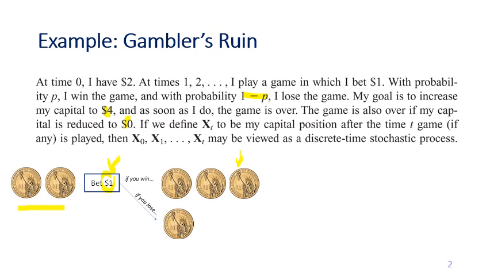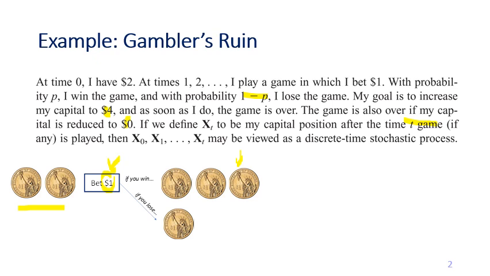So to create the probability matrix, first you need to define the possible states at each time of the game. Here the state is the amount of money that you have after you play the game at time t.